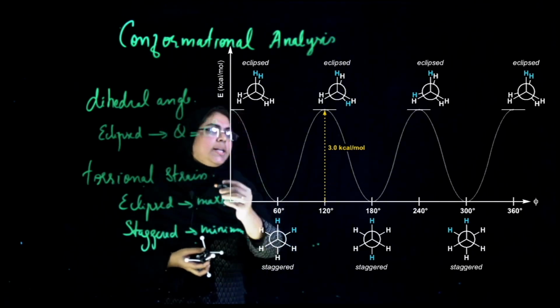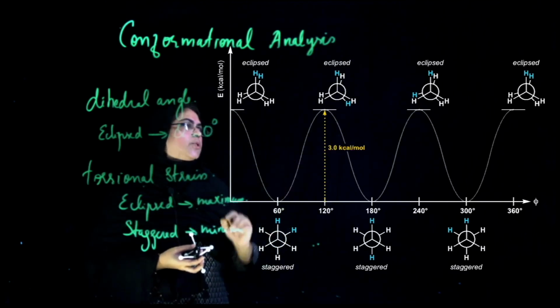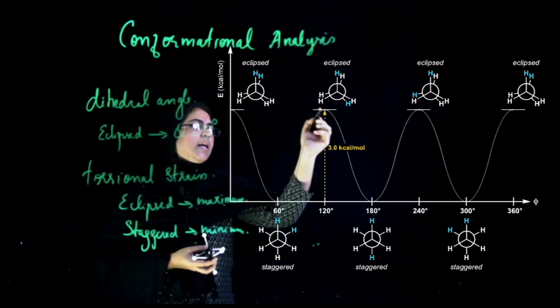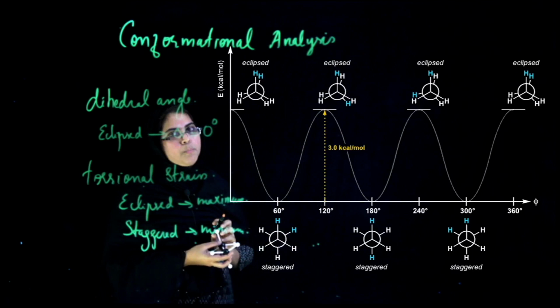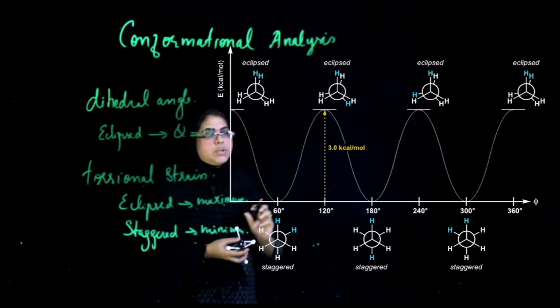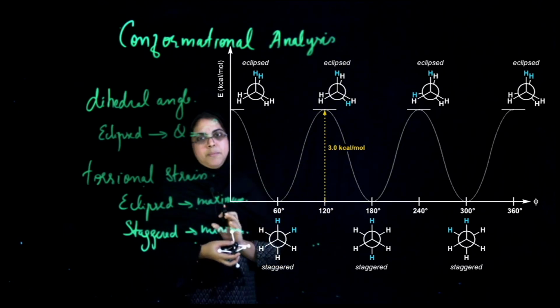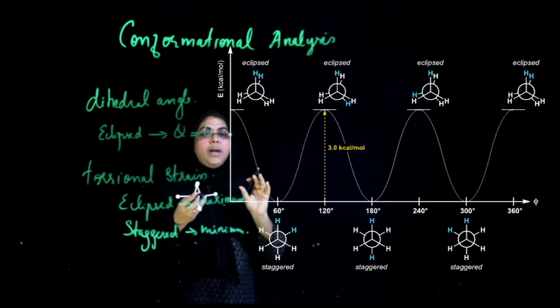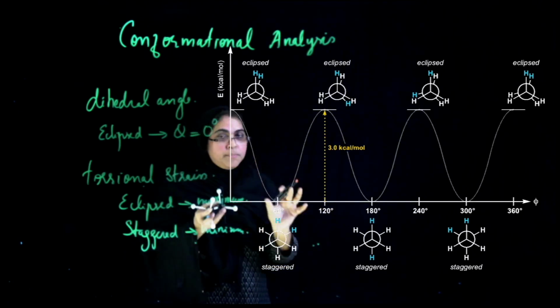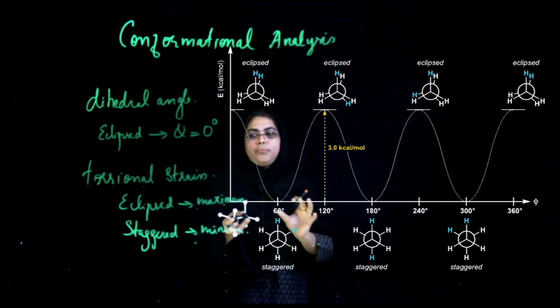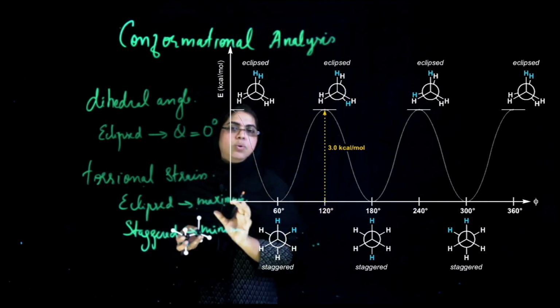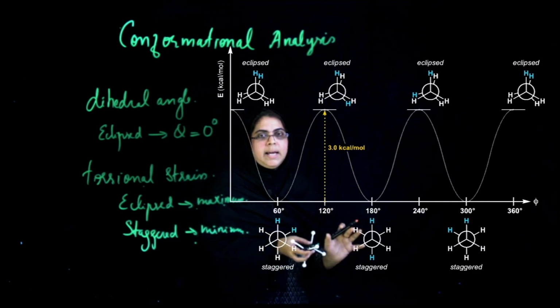The energy difference between the eclipsed and staggered is 3 kilocalories per mole. So this is the conformational analysis of the ethane molecule. And we can consider the existence of these conformational isomers when they are in equilibrium.